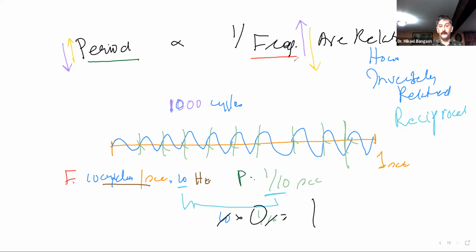Clear? Okay. We increase the frequency from 10 cycles per second to 1,000 cycles per second. As a matter of fact, we can say that we increase it by 100 times, right?